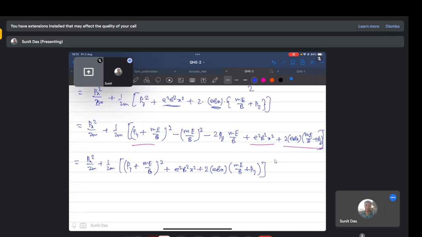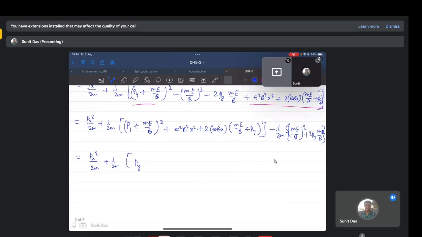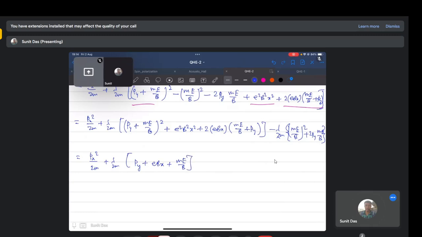And then I'm, so minus 1 by 2m of mE by B square plus 2 py mE by B. Now what we can write is that px square by 2m plus 1 by 2m into py plus eBx plus mE by B, square, right?